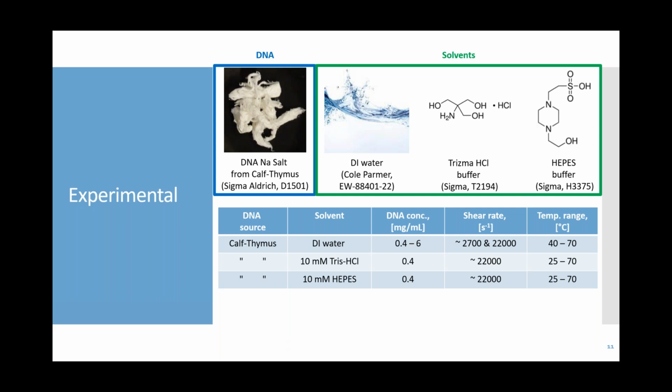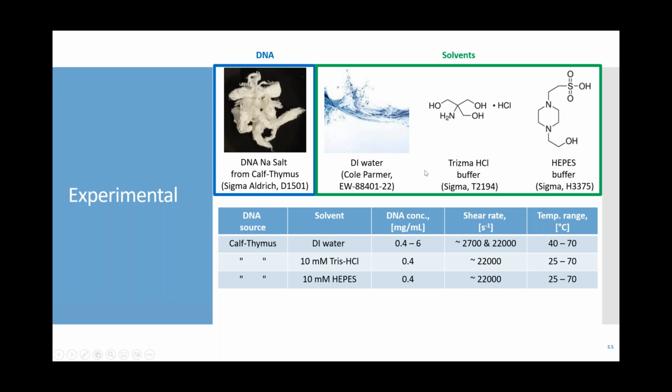So for the first set of experiments with the DNA solutions, we worked on solutions made with calf thymus DNA. We dissolved this in different solvent compositions. One of these solvents was just DI water.